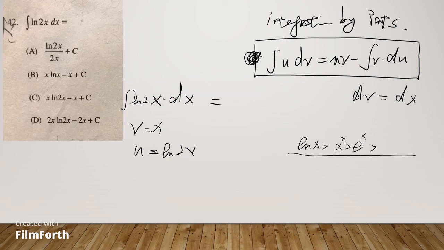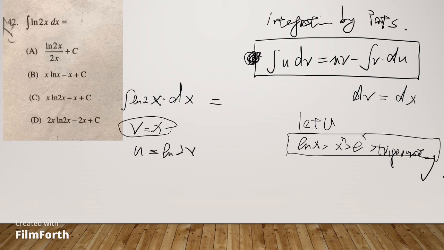So that is the sequence for setting u. And the last one is trigonometry. Sometimes we have to use integration by parts twice to find the value, and sometimes you have to just try letting this part be u and the other part be v. But overall, this is the sequence, and always make dv over dx.